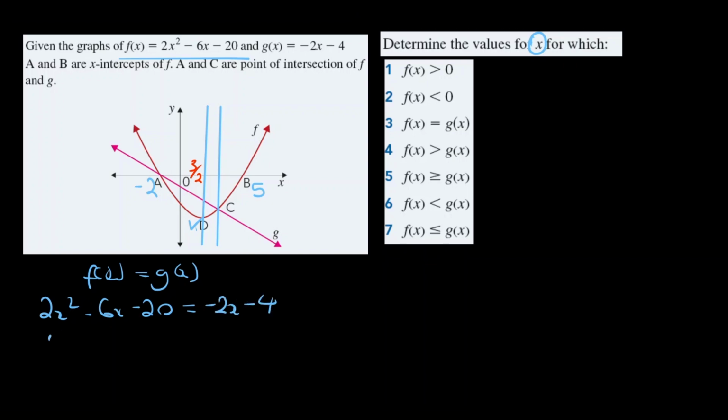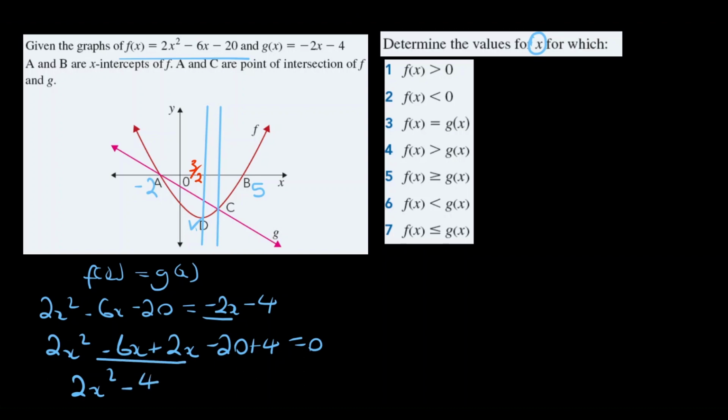Then we bring everything to one side of the equation: minus 6x, 2x will become positive 2x, minus 20 plus 4 equals 0, which will be 2x squared minus 6 plus 2 gives us negative 4x, minus 20 plus 4 gives us negative 16, is equal to 0.